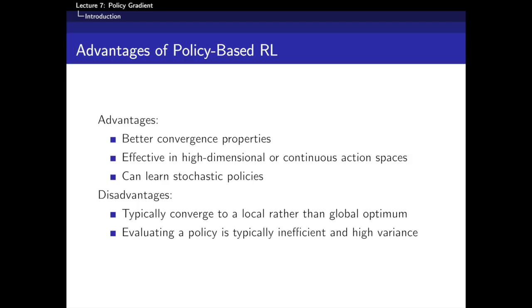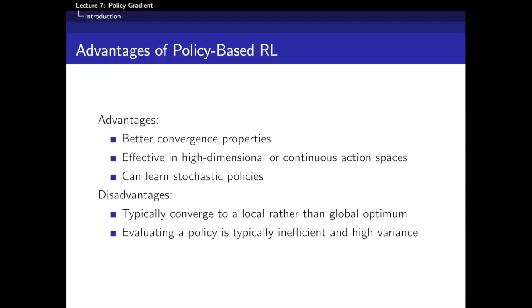So now we've got the slides back, I'm going to come back to this question here. Some other reasons why it might be a good idea to use policy-based reinforcement learning. Maybe the main one you'll see in the literature is that it has better convergence properties. We saw that there are some cases where value-based methods can oscillate or chatter or even diverge if you do things in the wrong way.